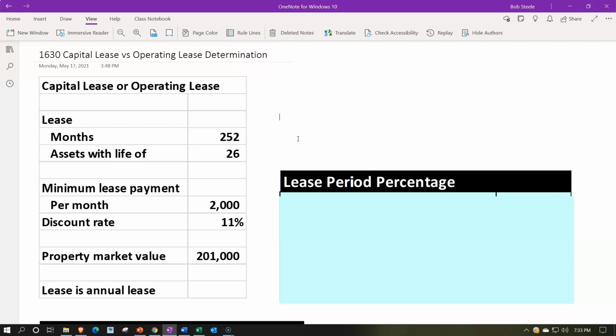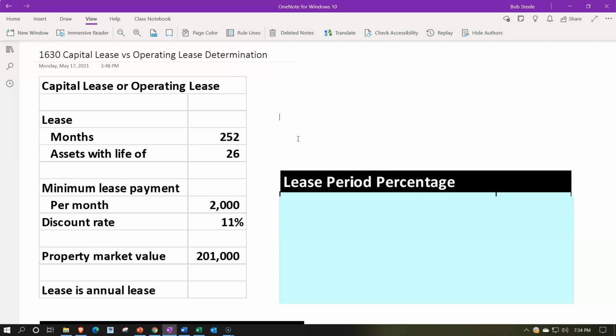The question has to do with a situation where the form of the item is set up as a lease, but is it really, in substance, in actuality, more like a purchase type of situation that has been set up in the form of a lease?